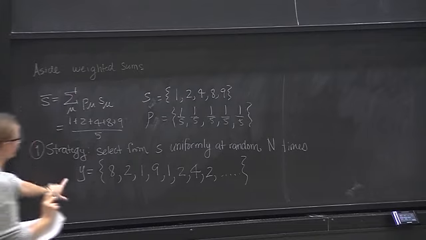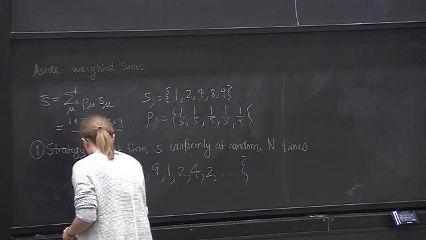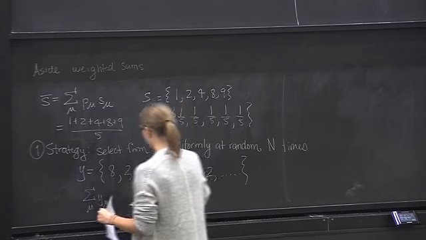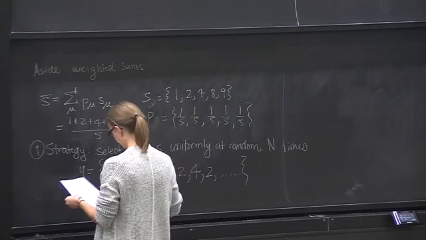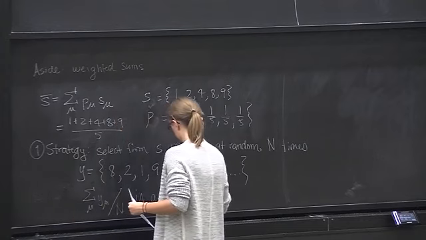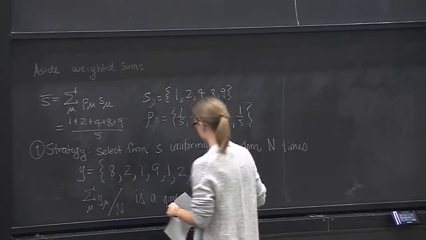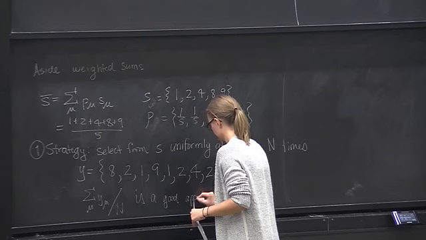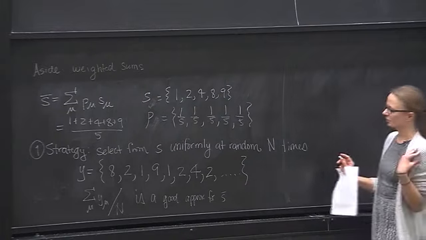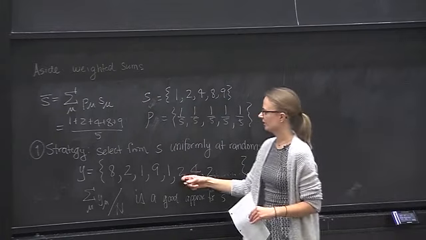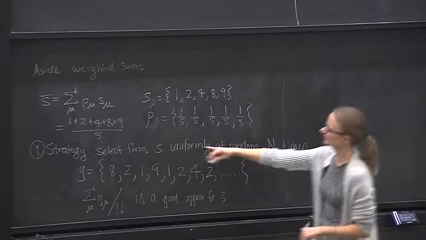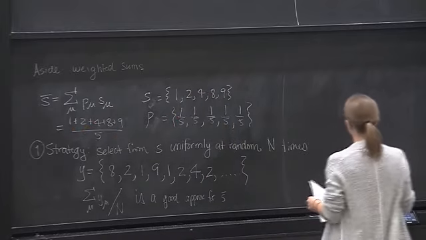If I do this many times, I'd get the sum of Y over n. So if I select with equal probability from this set, I would get a good estimate for the S bar that I'm trying to calculate.